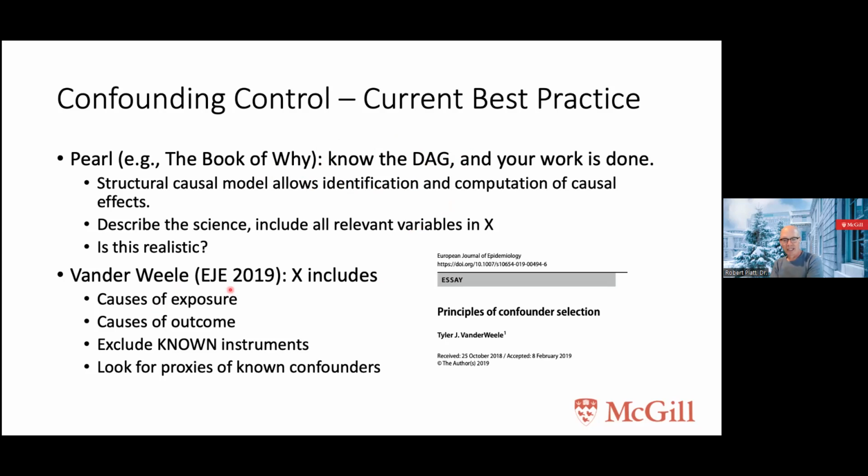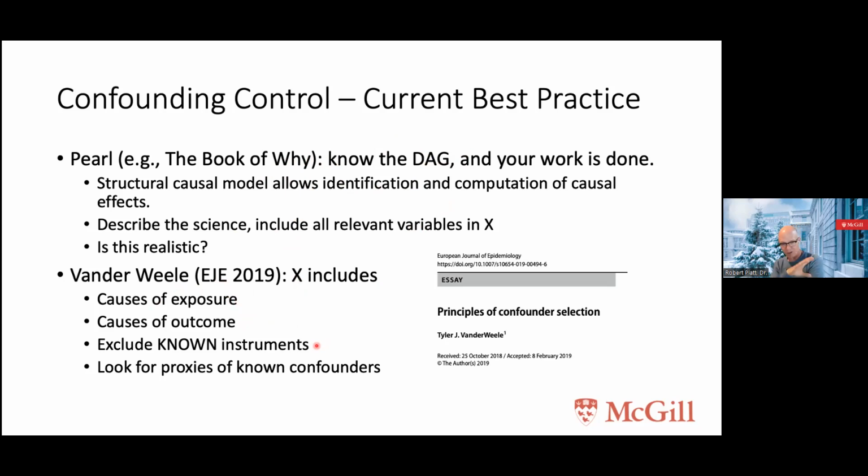Tyler VanderWeele, in a really nice short paper in the European Journal of Epidemiology, said, it's difficult to know the DAG. However, we could just say, let's include causes of exposure, let's include causes of outcome, let's exclude known instrumental variables.